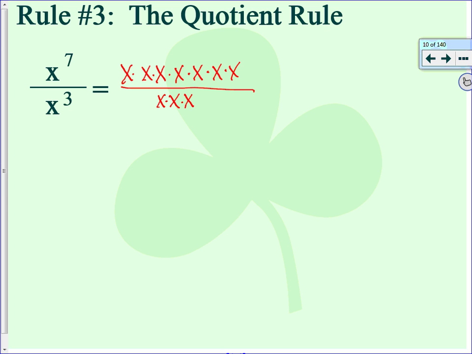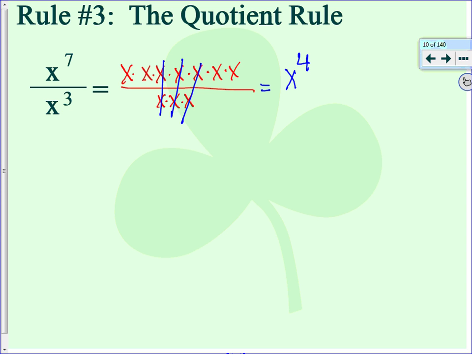Now, how many of these x's cancel out top to bottom? 3. So I can cancel out 1, 2, 3 of them top to bottom. And now, how many am I left with on the top? 4. So I could write the answer as x to the 4th.